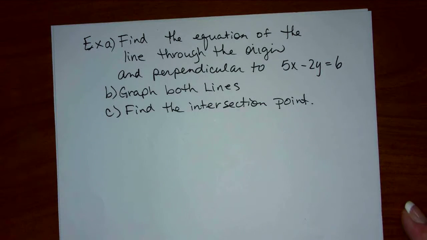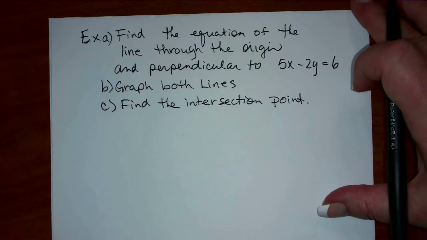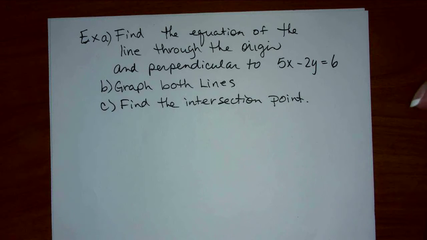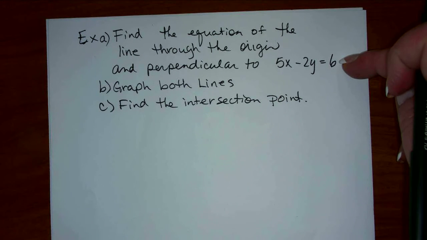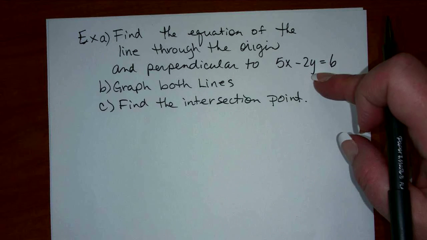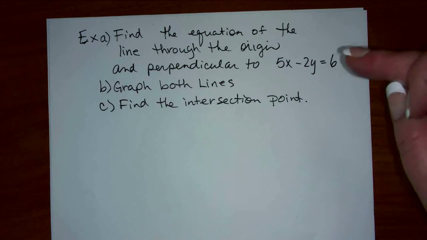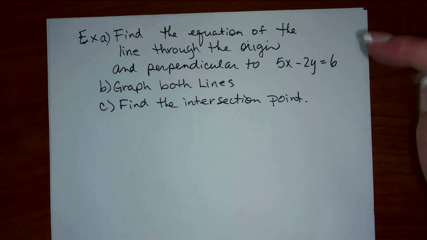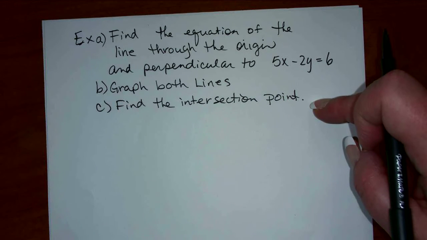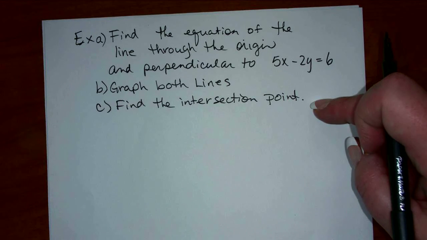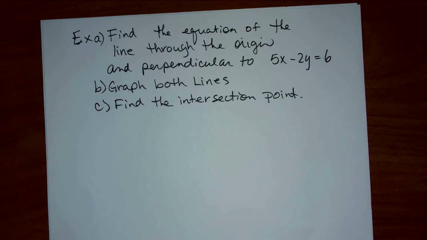So this question says, find the equation of the line through the origin and perpendicular to 5x minus 2y equals 6. B, graph both lines. So we'll do it accurately because it would actually ask to graph. So we'll have 2 points that we connect it to. And C, find the intersection point, which is what? What is the intersection point? Not the intercepts, but the intersection point. Like an intersection on the street is where two streets cross. So it's the point where they cross.